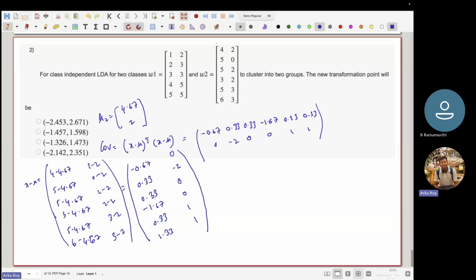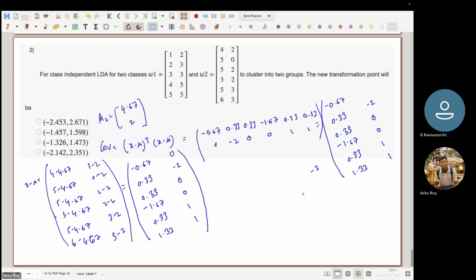Then again I have to copy paste this. Now let us do this ridiculously big matrix multiplication. So it is basically square of all the elements and then summation.